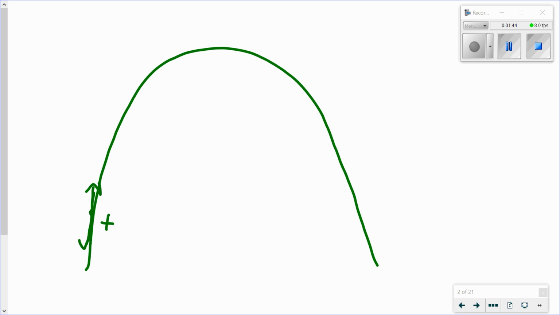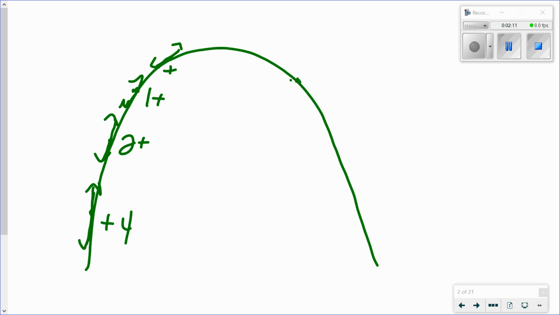We could say it's +4, I don't know. And here, it's not quite as steep, so maybe it's a +2. Again, the positive being the important part. Over here, we're getting a little flatter, so maybe that's a +1. And up here, it's still positive. Maybe it's a 1/2, but again, it's still positive.